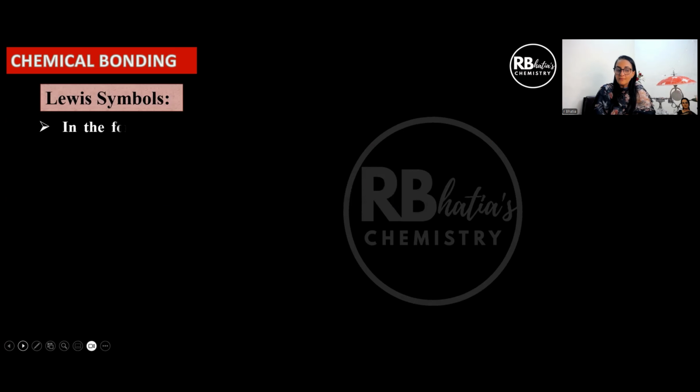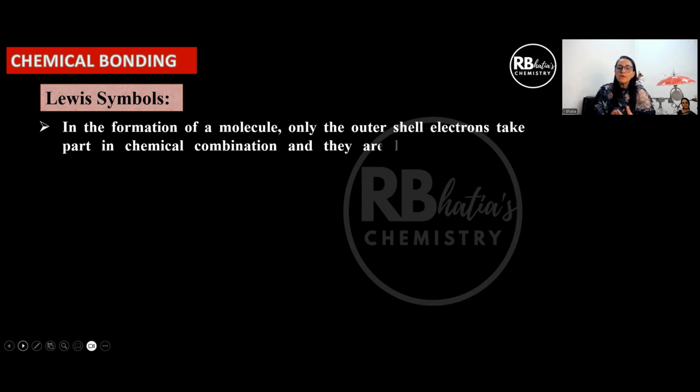Now, what are Lewis symbols? The scientist Lewis proposed a symbol to explain on paper the formation of molecules. For that, we will be using Lewis symbols, and Lewis symbols involve outer shell electrons only. Since outer shell electrons are the ones which take part in chemical combination, core electrons do not participate in bond formation.